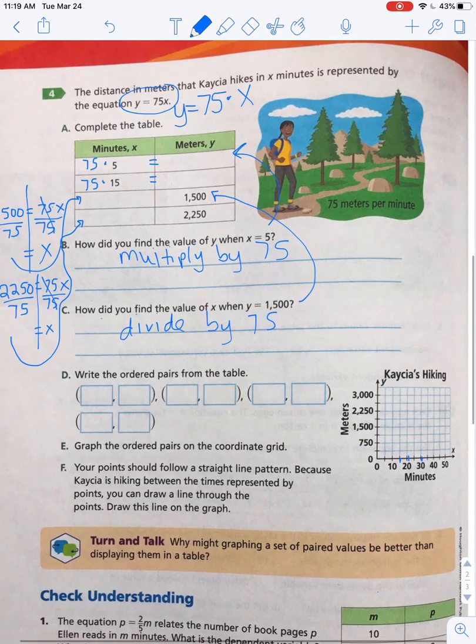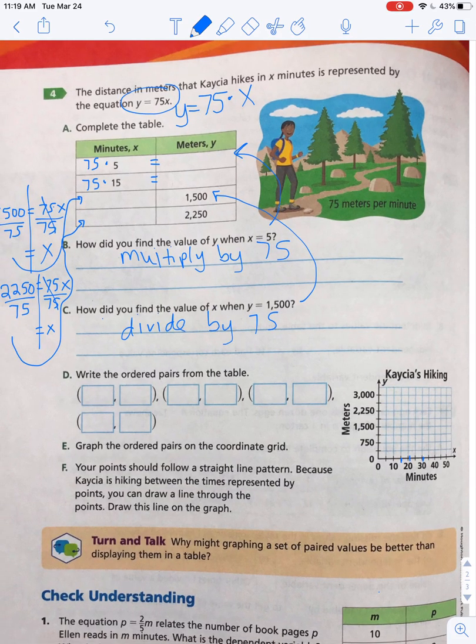For part D, they want you to write the ordered pairs so that you can graph them on part E. So I see that my x is 5, and then the answer that I got for 5 times 75 was 375. When x is 15, I write in the answer for 75 times 15.